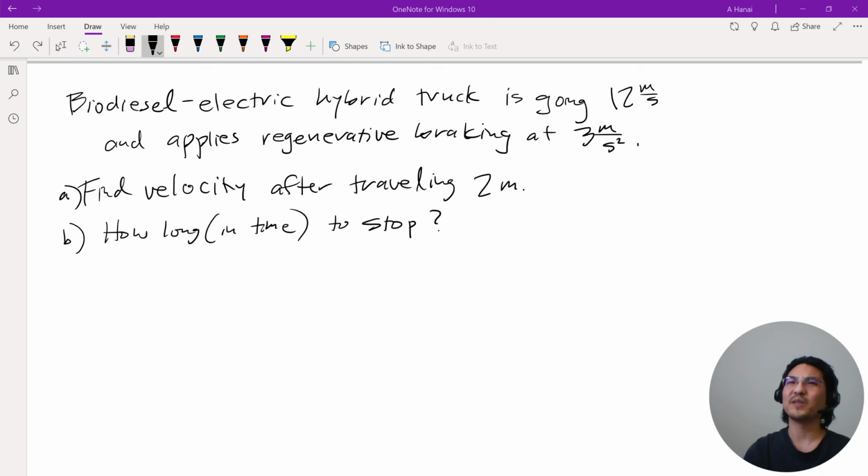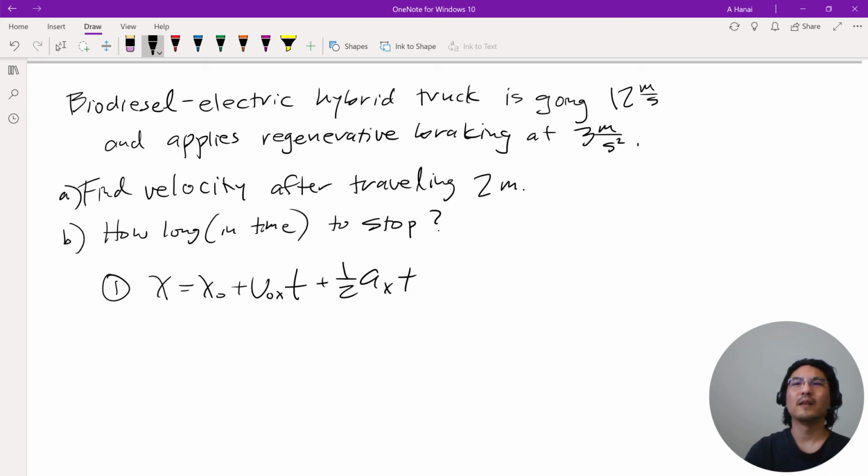What formulas do I know in all of the world that pertain to this question? And again, this is constant acceleration, right? So I can write formulas that I know that pertain to constant acceleration. I know these two.